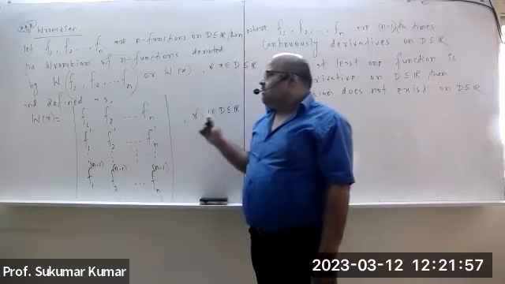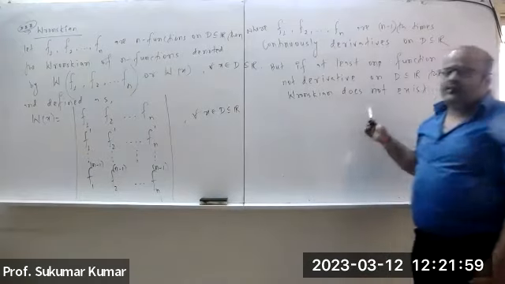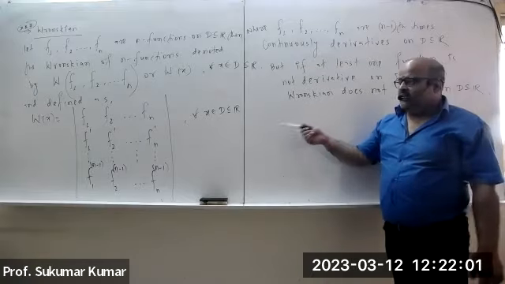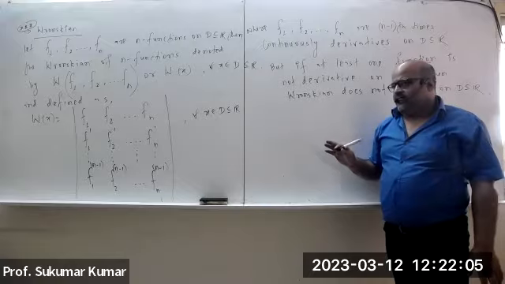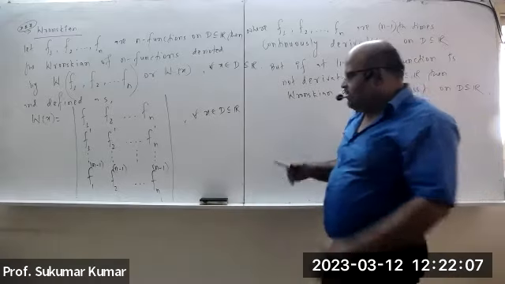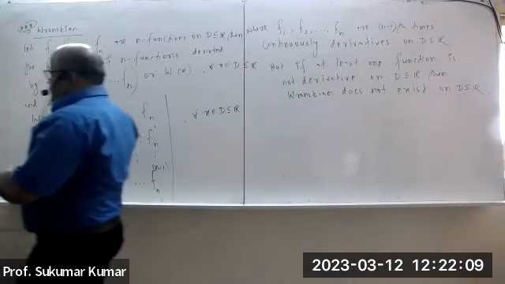If at least one function is not differentiable, then we can't verify by Wronskian. The Wronskian does not exist, so we can't verify. Hereafter we will see the Wronskian concepts.